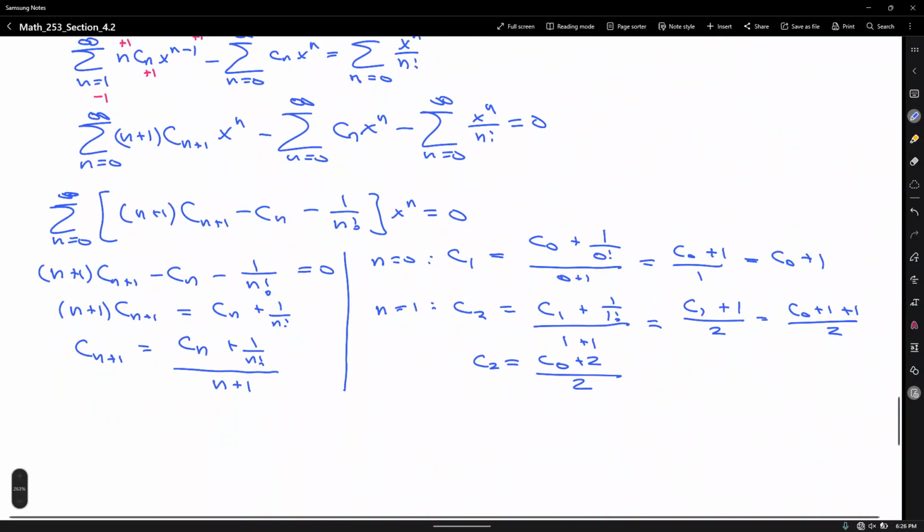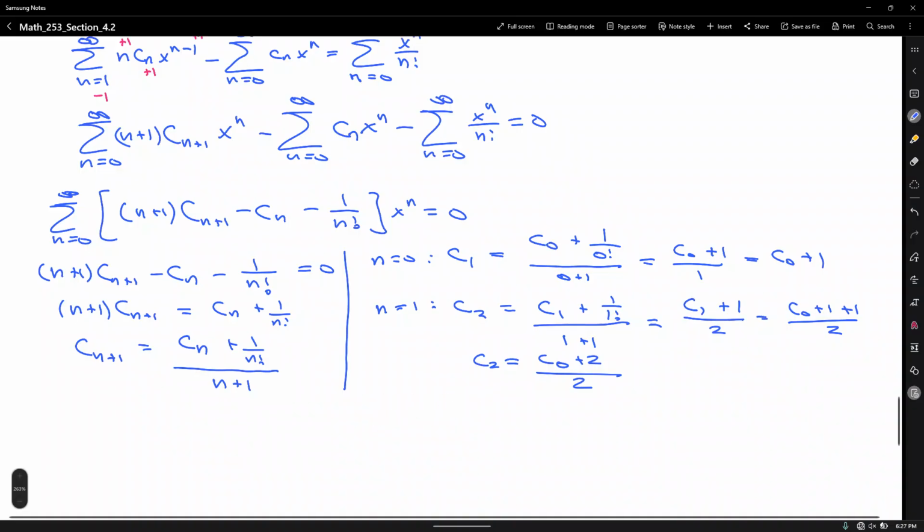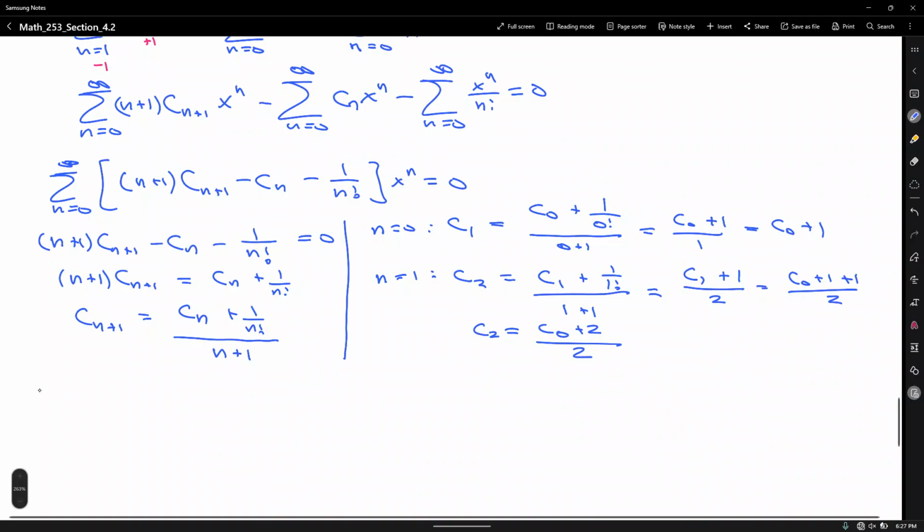Let me generate one more. Let me go all the way here now. For n equals 2, that is c sub 3 equals c sub 2 plus 1 over 2 factorial.